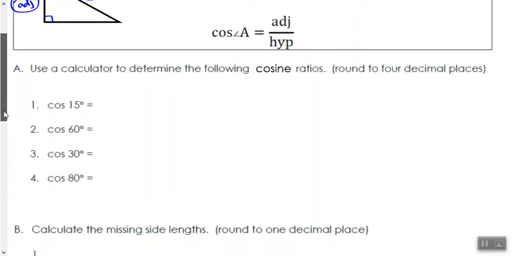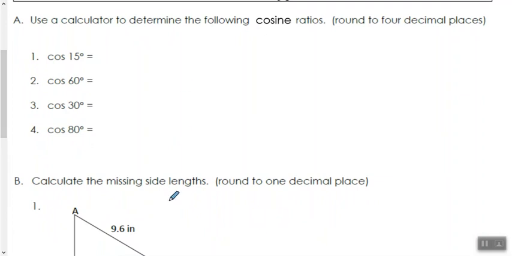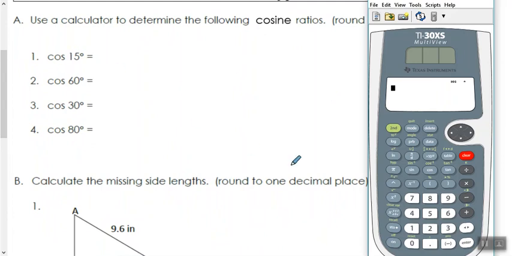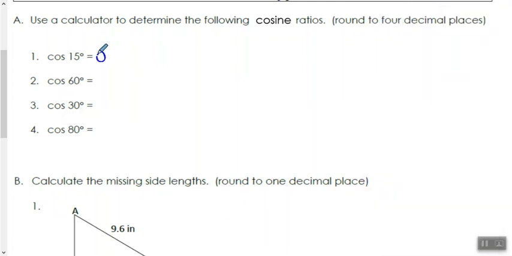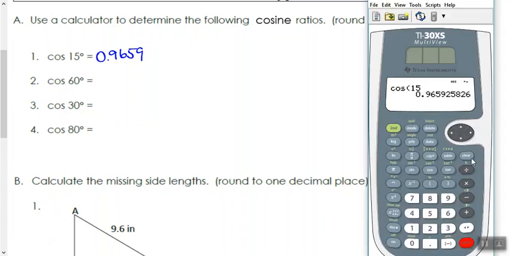Using a calculator, we are going to determine the following cosine ratios, and we will round those to 4 decimal places. So grab your calculator, and along with me, make sure you're in degrees mode, not rad or grad. Cos of 15, we get 0.9659, and we won't be rounding that 9 up because it's a 2 after. Cos of 60, we get exactly 0.5.